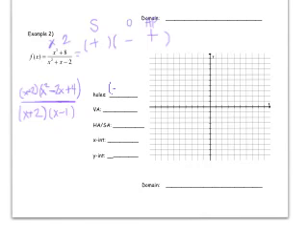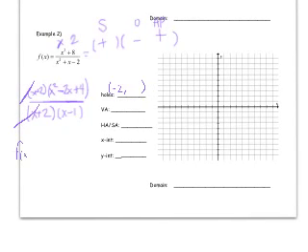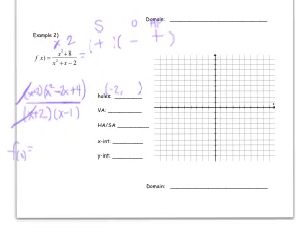So that gives me a hole at -2, comma, and I need to find out what that corresponding value is. So I'm going to cross off those x plus 2's. I'm going to rewrite my function as x squared minus 2x plus 4, all over x minus 1.